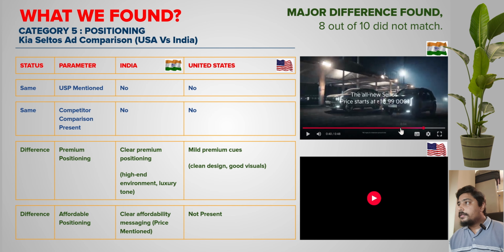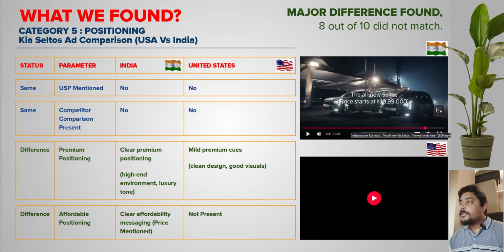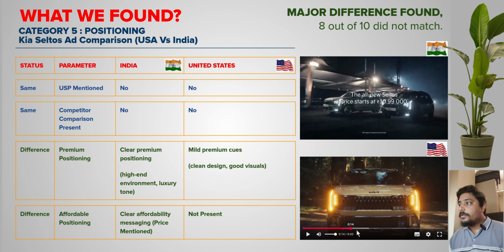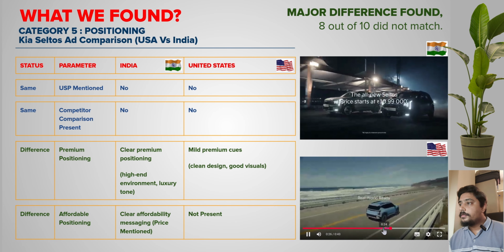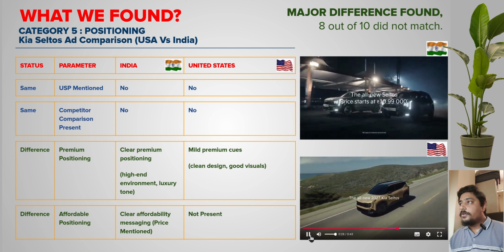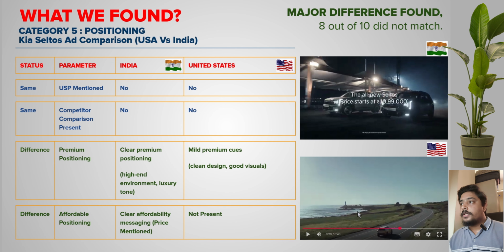Here it is: the all new Seltos price starts at 10,99,000. But in the American ad they did not show any kind of pricing or discount or offer.